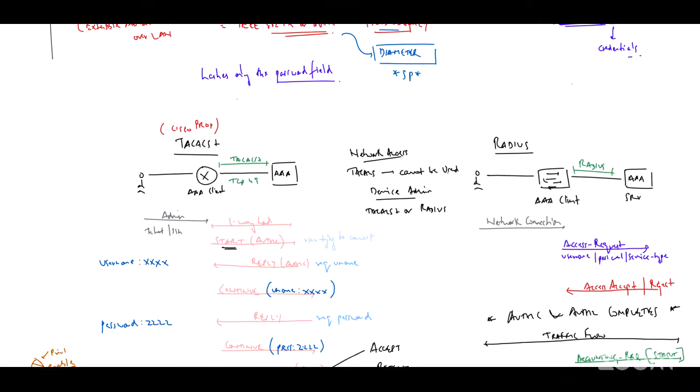They'll be using RADIUS. They could do, instead of TACACS+, just TACACS. TACACS is kind of like the vendor neutral version. TACACS+ is Cisco proprietary, or you could use RADIUS.